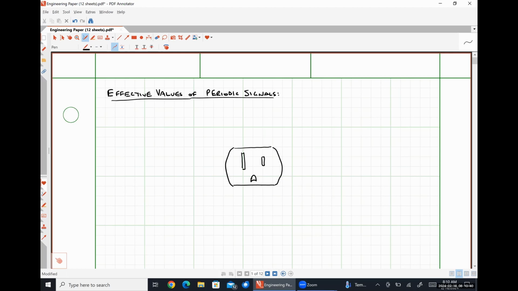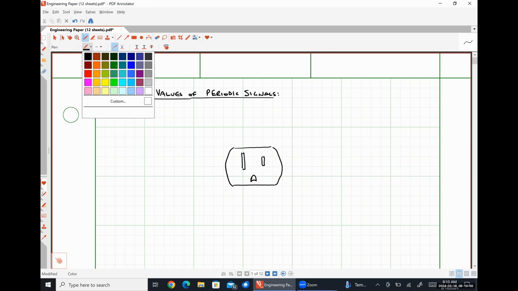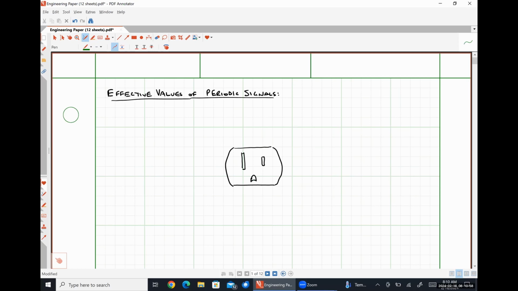Now, the magnitude of the AC voltage is not 120 volts. So this is where I'm getting into that thing where Patrick was both incorrect and correct at the same time, right? So let me put some things on here really quickly. This bottommost terminal or receptacle is tied to ground.